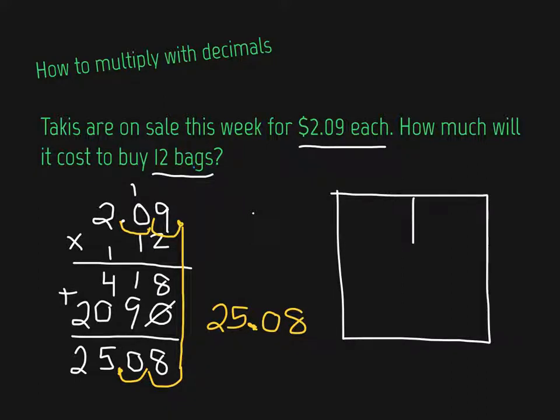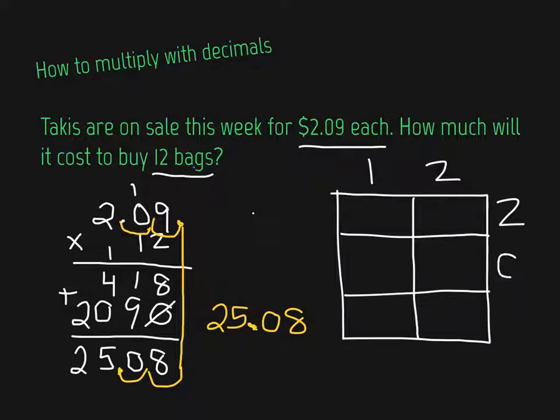Okay? Now you can also do this with lattice multiplication. So we have 12. Notice when I write my $2.09, I'm going to put my decimal right on the intersection of the lines there, and that's going to be important momentarily.